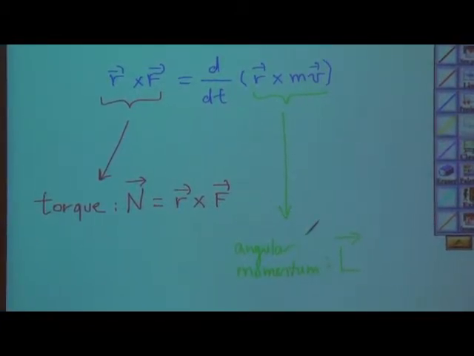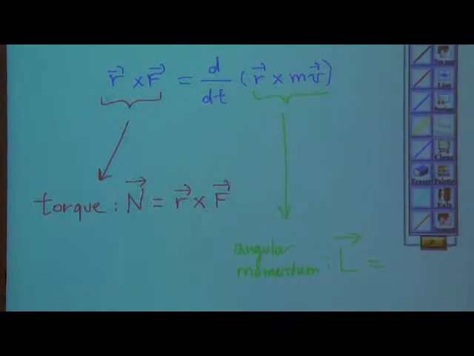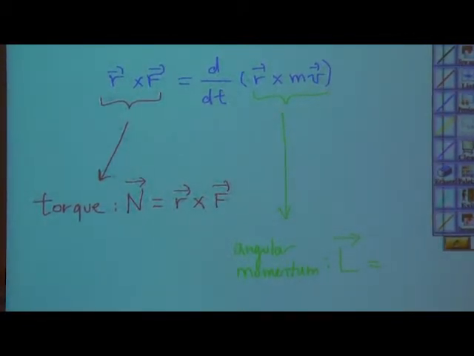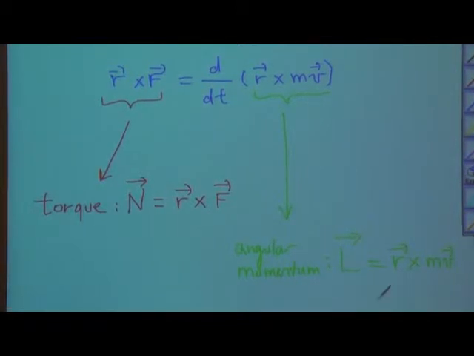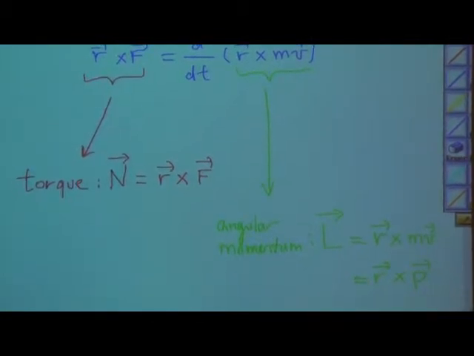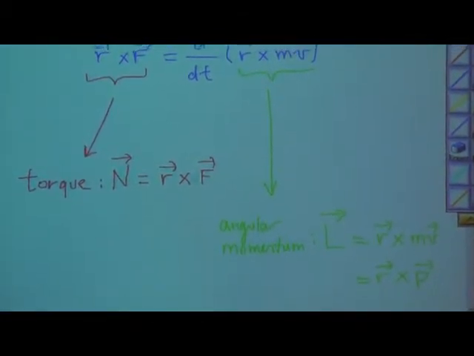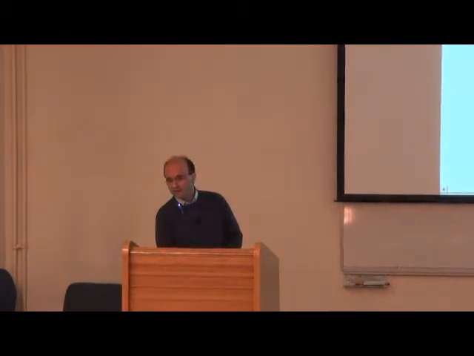So the result should be a vector. And it is simply R position vector cross m times v, or R cross the linear momentum. Now, here's the reason why we started with R cross F. Because in the end, we would obtain what we call the angular momentum.